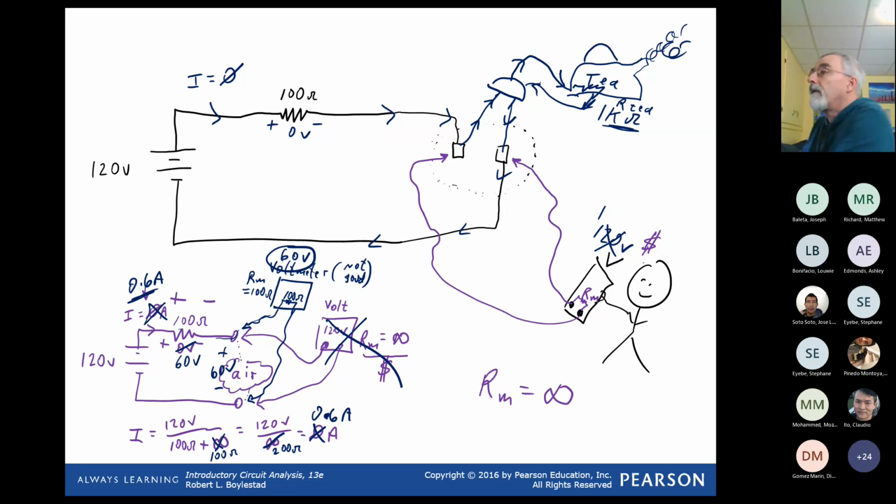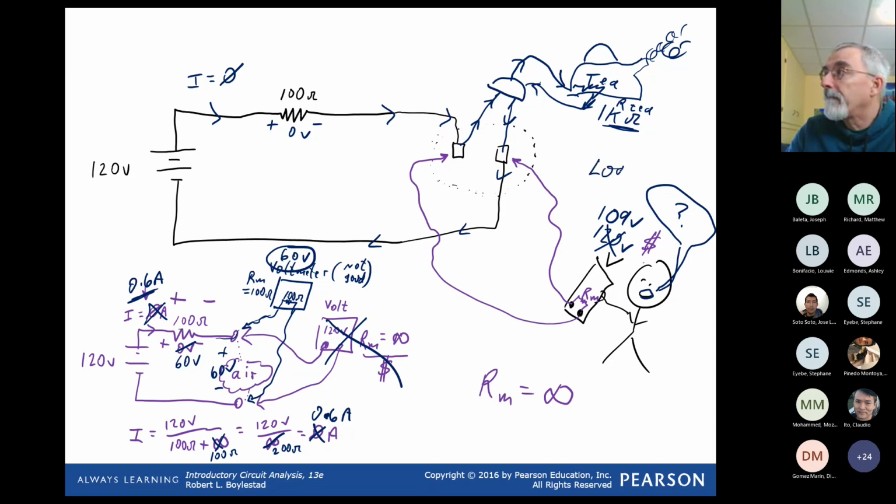It's going to drop down to 109 volts. So when I plug in my tea kettle, voltage drops from 120 to 109.